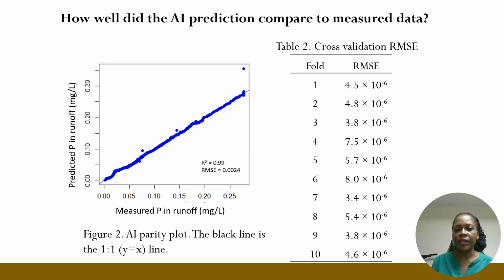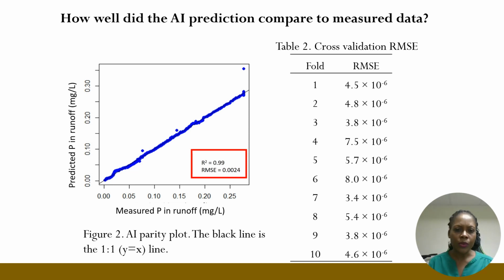And after training it, we tested how well that trained ANN would predict phosphorus loss from another data set that it had never seen before. And from the parity plot and the R-square and the RMSE displayed on the figure, you can see that it did a pretty great job.